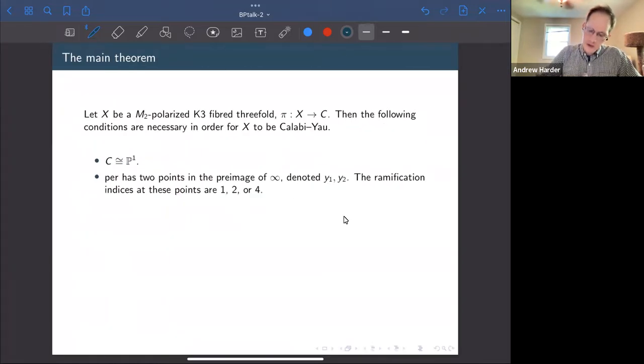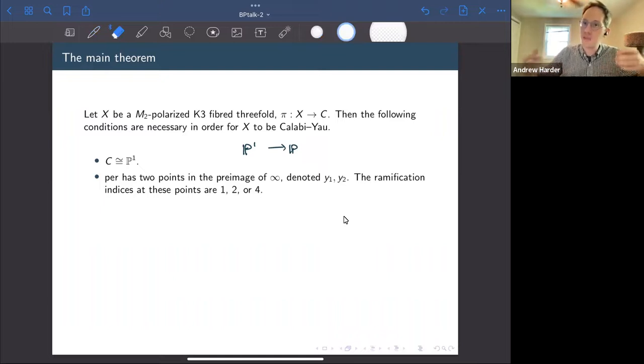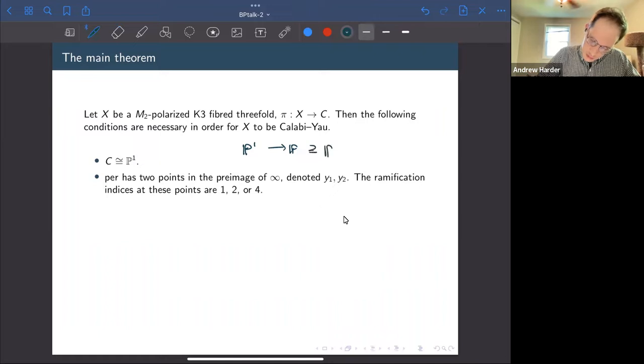The second thing is much more interesting, and is one of two conditions. The first one is really the most important. The period map is a map from P1 to P1. This has 3 special points, given by the points that we added back to compactify the moduli space to P1. So P1 minus 3 special points: 0, 1, and infinity.